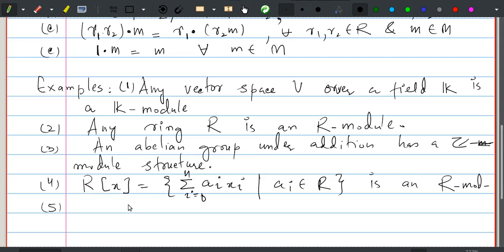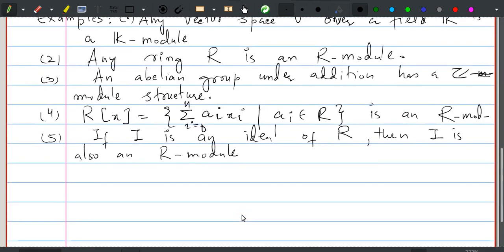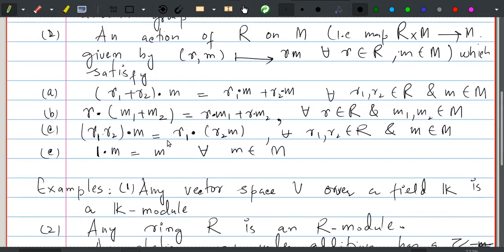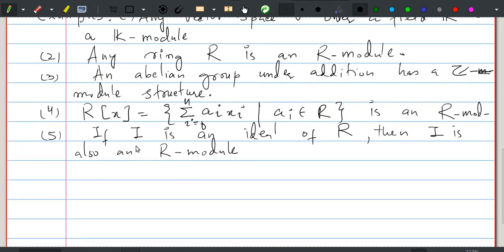Also, if I is an ideal of R, then I is also an R module. These are a few examples of modules, and these module actions can be easily verified.